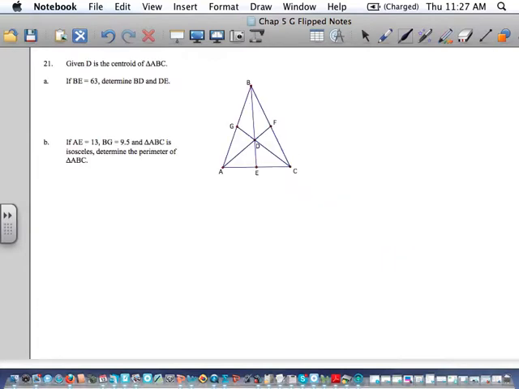Given D is the centroid of ABC, remember the distance from the centroid to the vertex is 2/3 the length of the median. So from the centroid to the vertex is 2/3 the length of the median.